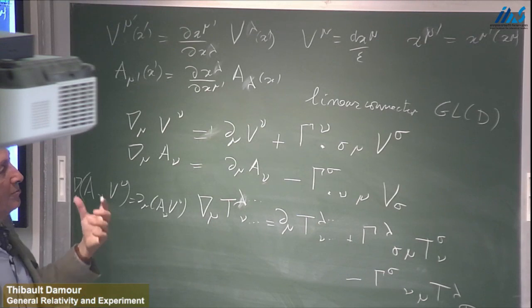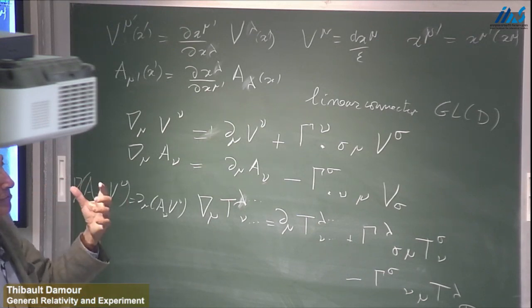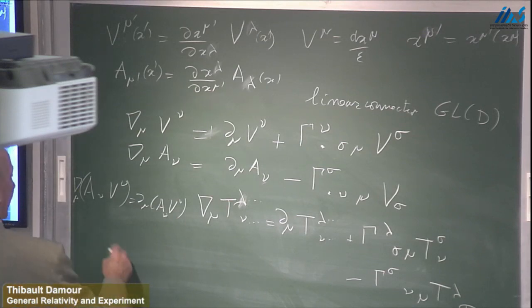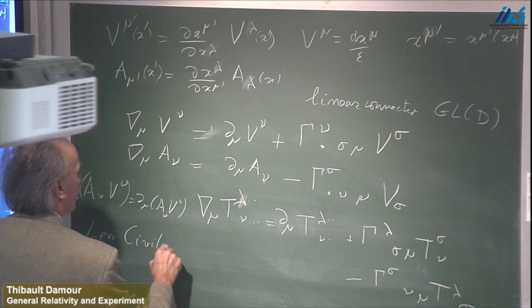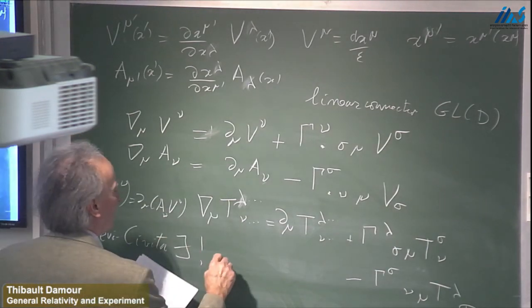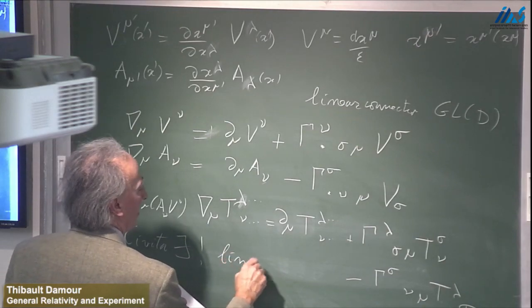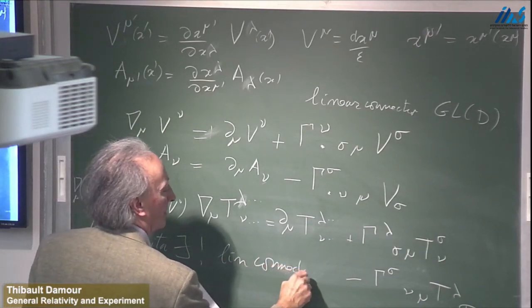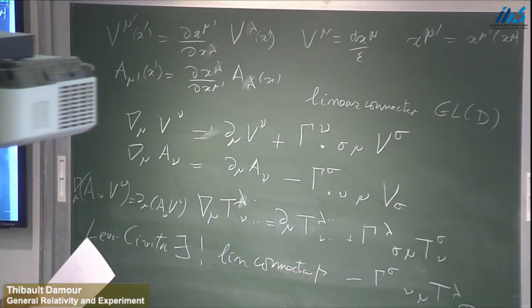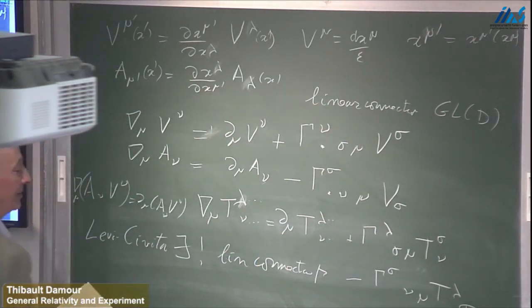And I want this to be associated to a curved spacetime with metric G mu nu. And there is a theorem due to Levi-Civita, which says that there is a unique linear connection, gamma, of this general type, such that the two following conditions are satisfied.